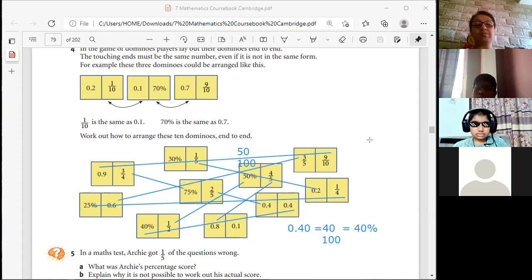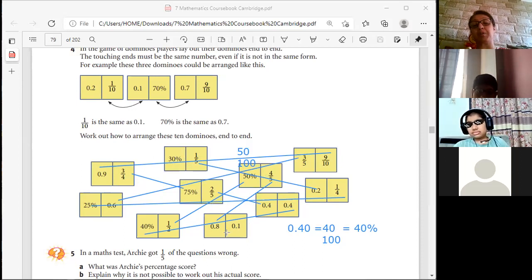Ma'am, 30% is also not done. 30% and 0.1, these two are going to be in air because it's going to be the starting and the ending point. Okay. And the others will be connected.